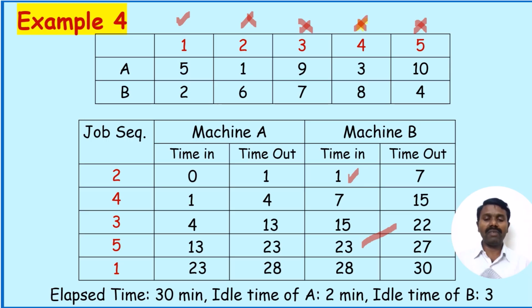And again it completed its task within 27 minutes, but it is waiting for another order for 1 minute. So total 1, 2, 3 minutes it is waiting. So the total idle time or waiting time will be 3 minutes. That is how we will be solving the problems.